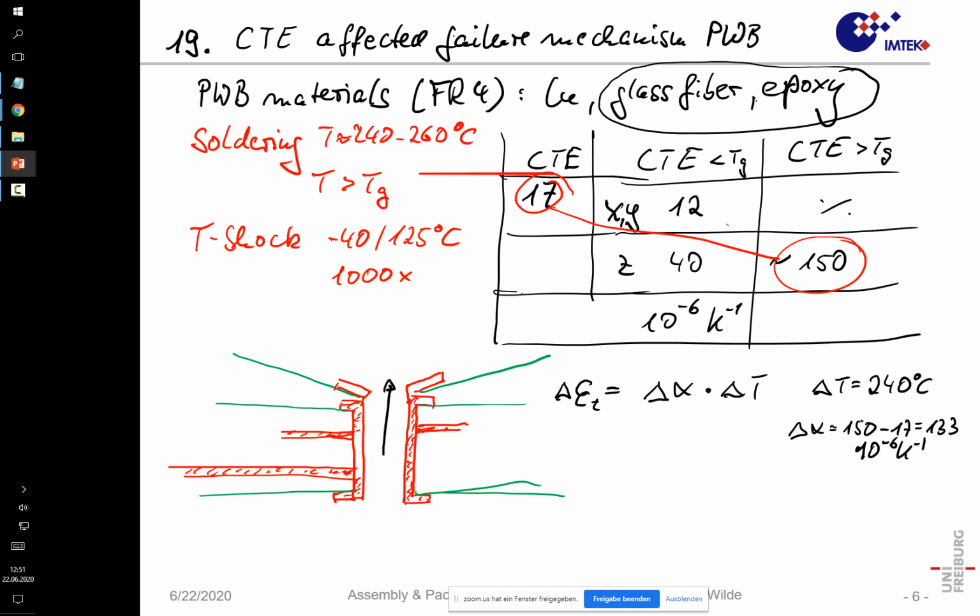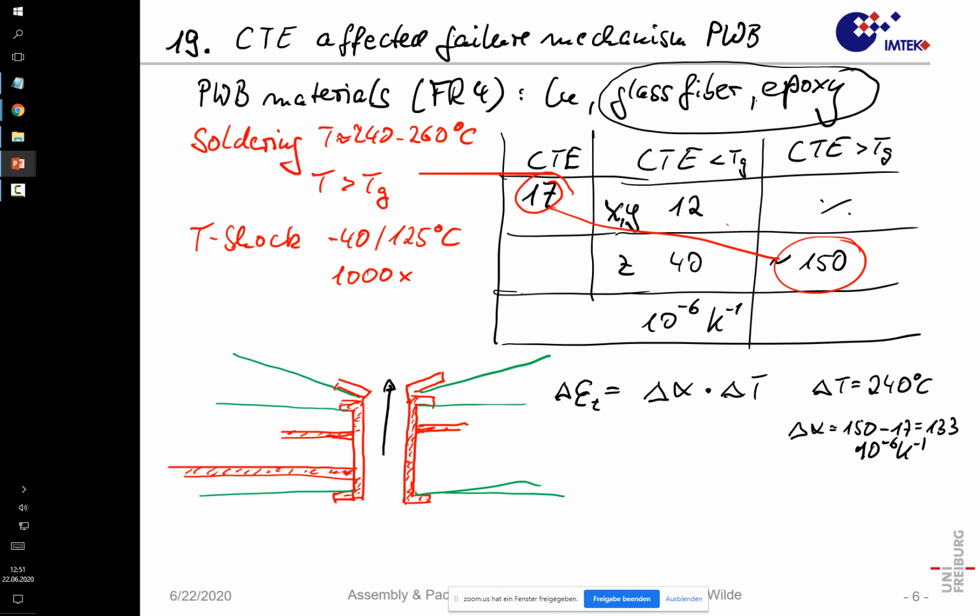Okay. Normally, if we would do it really correctly, we first would compute the strain difference from room temperature to Tg, and then the strain difference from Tg to soldering temperature. But here we do it all together.